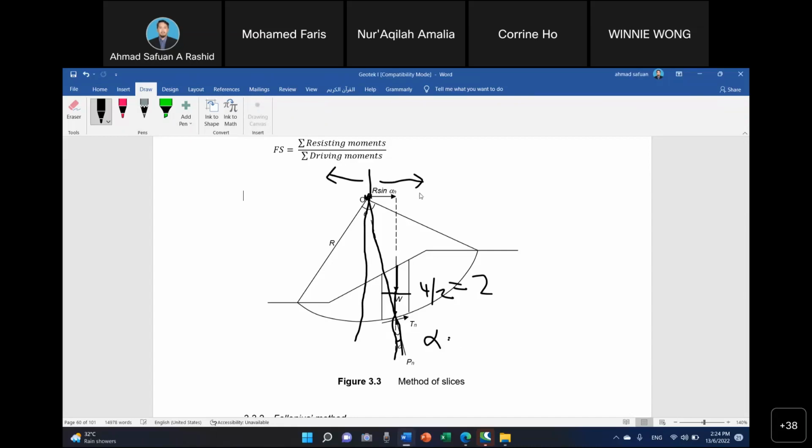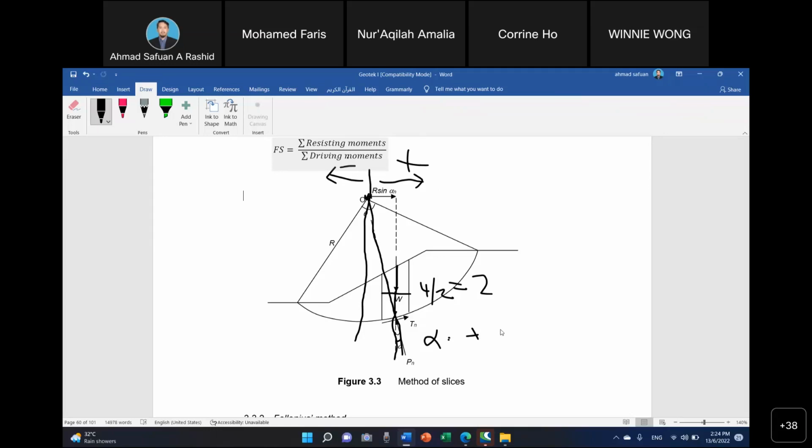If the alpha location is on the right side, you may use a positive value, while if the alpha is on the left side, you may use a negative value. So for this case, the alpha is a positive value. So use the protractor and then write down the alpha value.